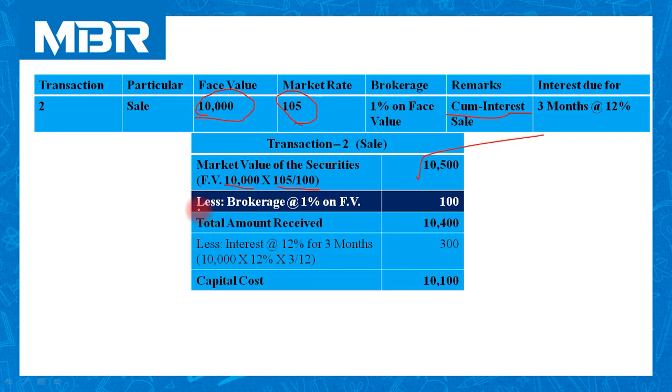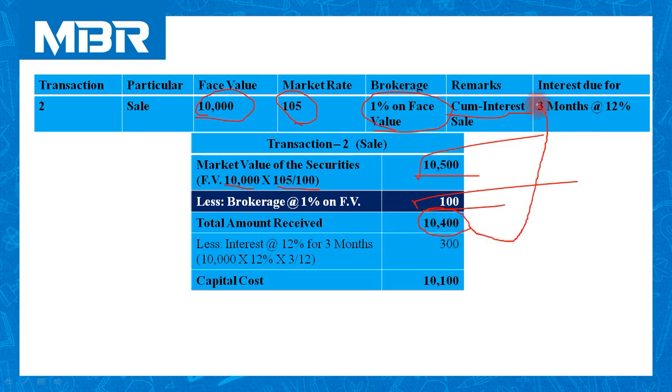It is a transaction of sell. So amount of brokerage is deducted from the calculation. Brokerage is 1% on face value. 10,000 rupees, 1%. So amount of brokerage is rupees 100. Out of 10,500, 100 rupees deducted for brokerage. So total amount received by the seller is rupees 10,400.